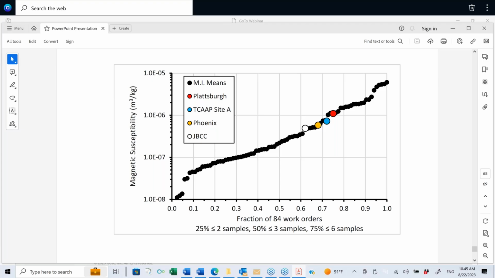And so this would argue that if you have a magnetic susceptibility somewhere in the range of 3 times 10 to the minus 7 cubic meters per kilogram or more, you have a chance that abiotic transformations will explain natural attenuation at your site.